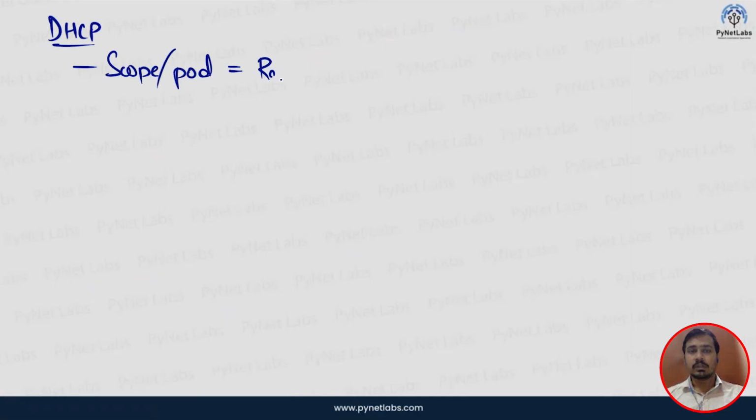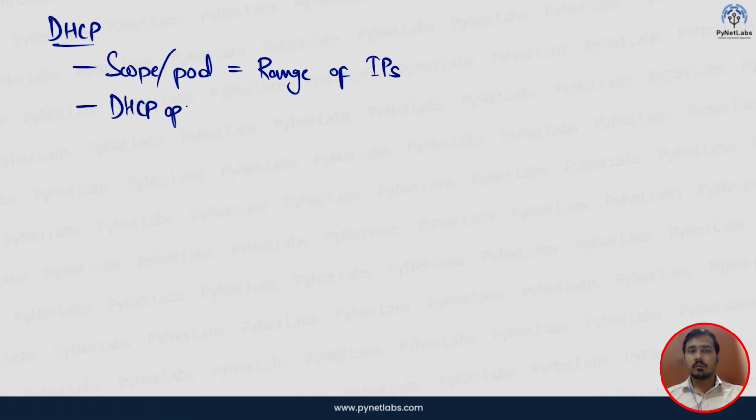When it comes to DHCP, there are quite a lot of things under it. The first thing is something known as a scope, or pool. This scope or pool is basically a range of IPs that I'm going to allocate. Another thing is the DHCP option.